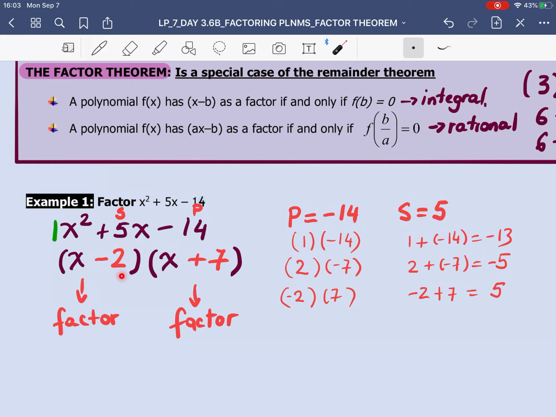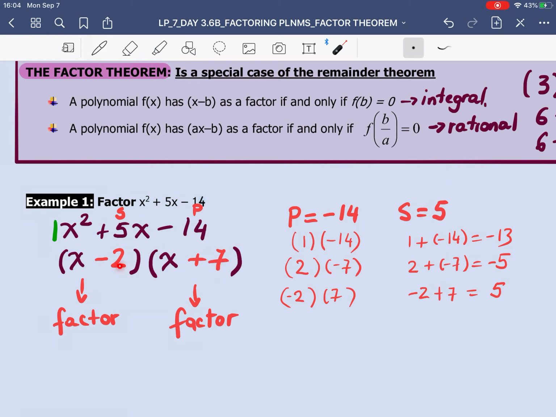And the way we figured out b in here, which is 2, is by looking into the numbers that multiply to negative 14, or looking into the factors of negative 14. So whenever we search for the values of b, we need to search for the factors of the constant term in this trinomial, or in this polynomial, we might say as well.